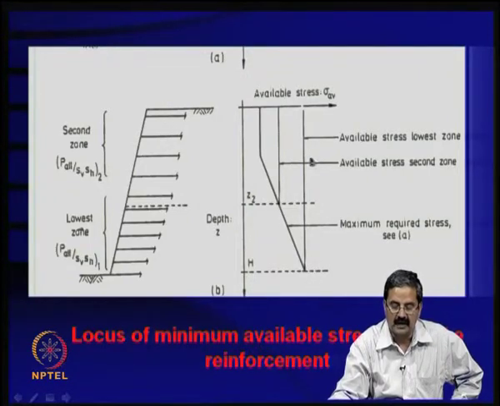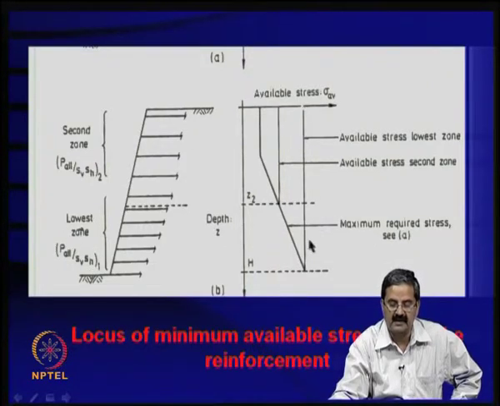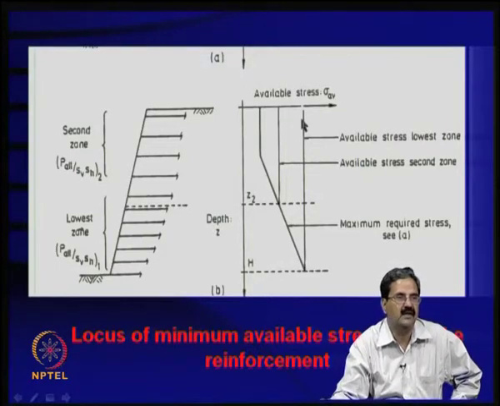So, actually suppose you are using the same reinforcement everywhere, what happens is that you will have a vertical line here, and this is required, this is available, extra available. So, you are not utilizing it properly. Say for example, this could be some number here, and the available force in the reinforcement is so much, which means that you have taken a very good grade of geogrid or something. So, this is underutilized, right.